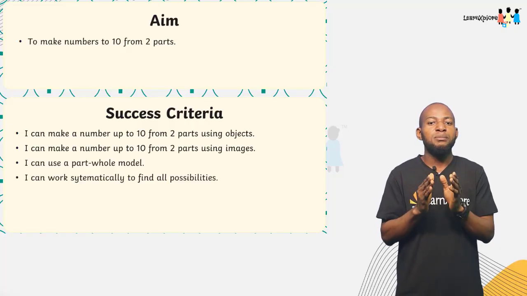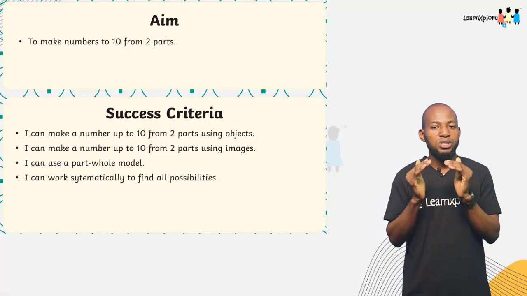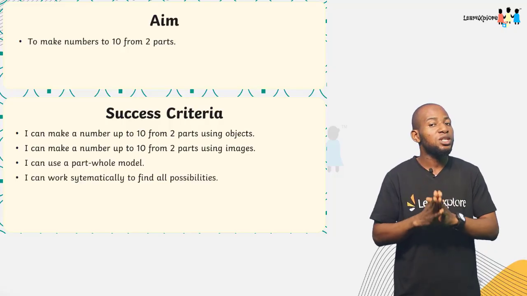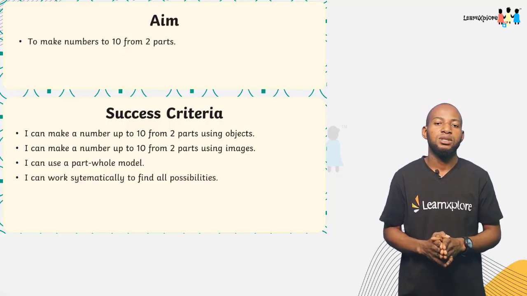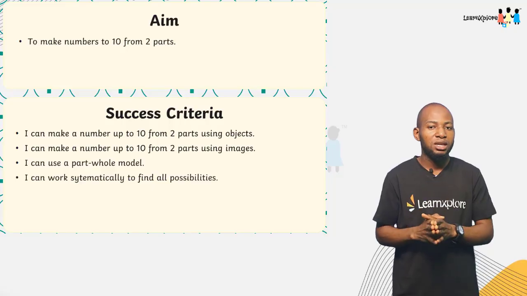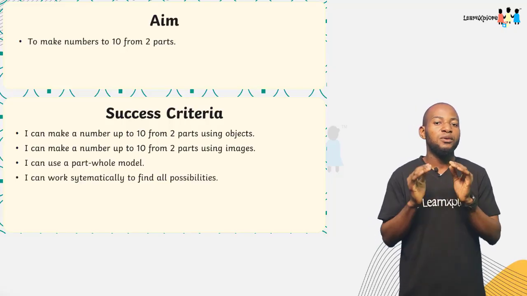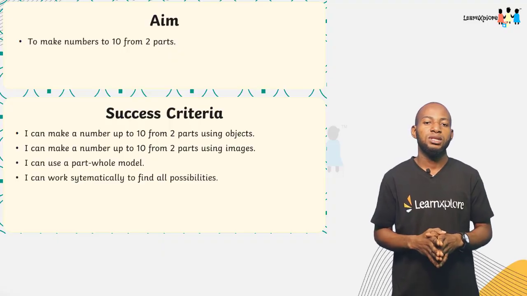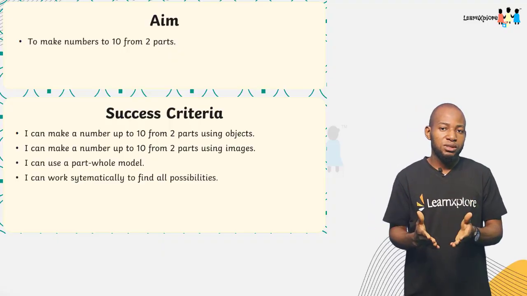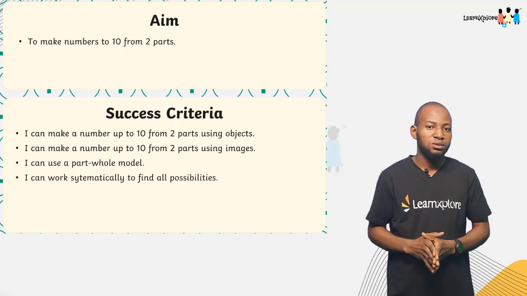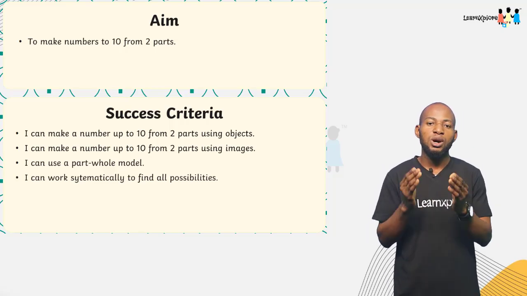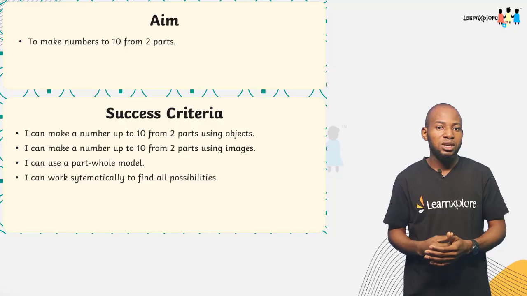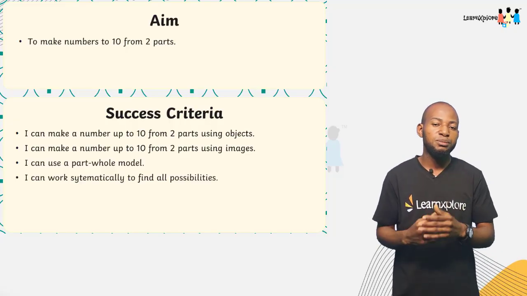Now, you can make a number up to 10 from 2 parts using objects. You can make a number up to 10 from 2 parts using images. You can use a whole and parts model. You can work systematically to find all the possibilities.